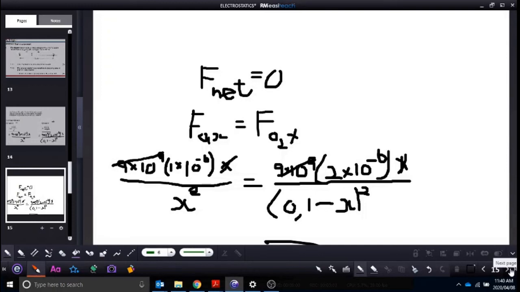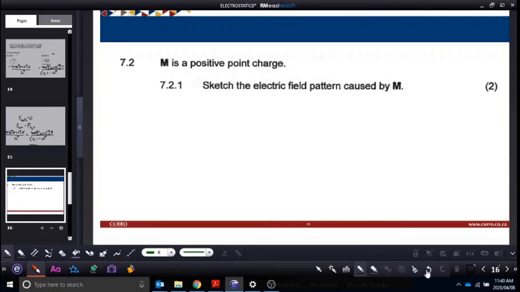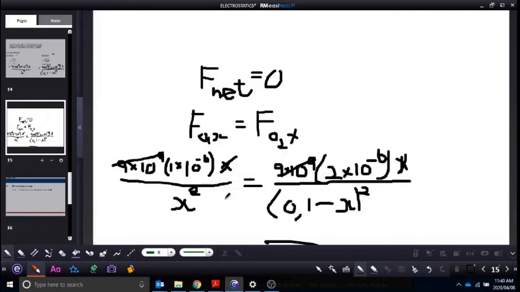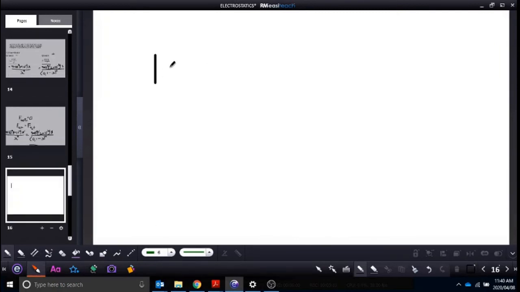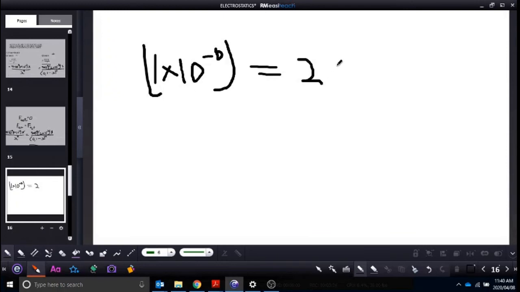So what do we have left at this stage? We have 1 times 10 to the power minus 6, equal to 2 times 10 to the power minus 6.